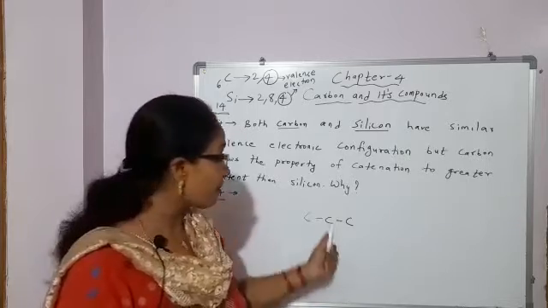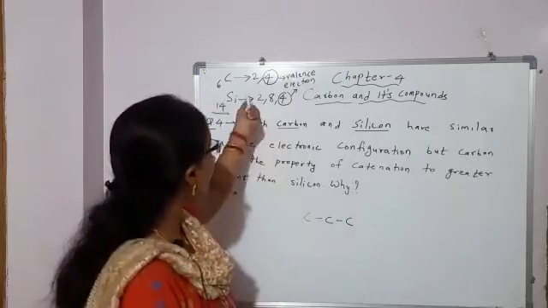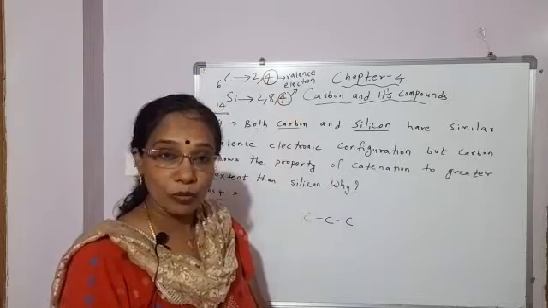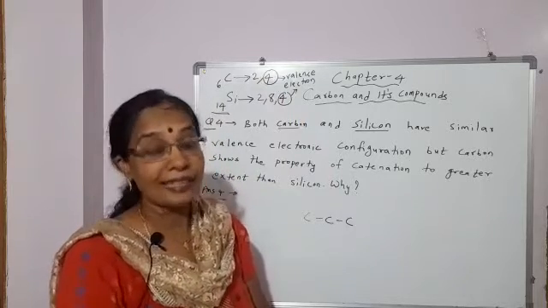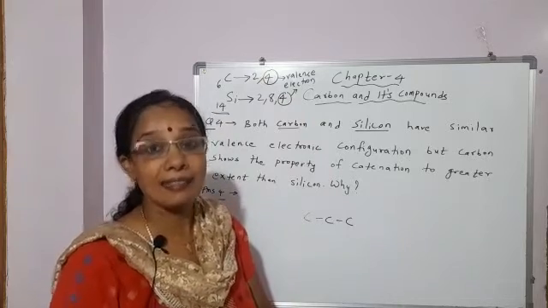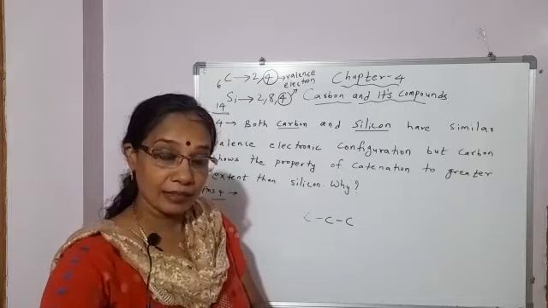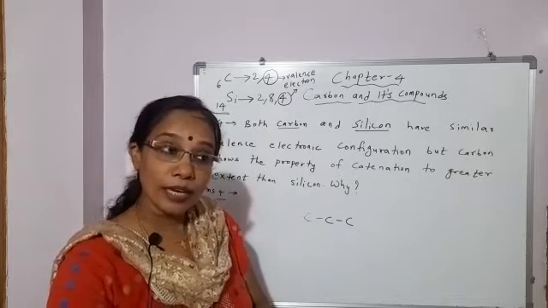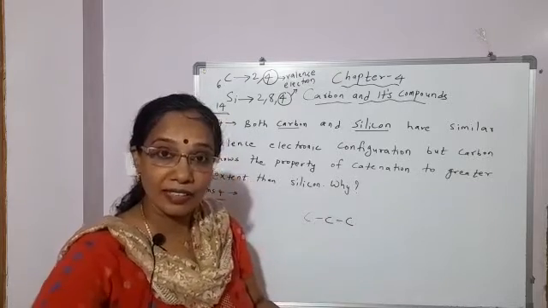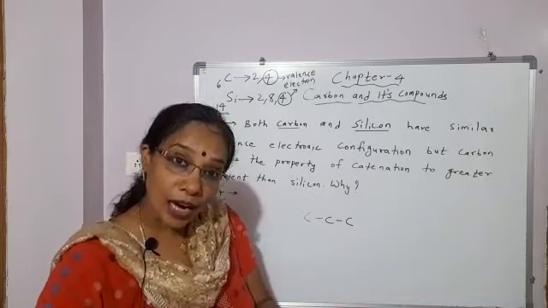So the property of catenation, carbon shows to a larger extent than silicon. Silicon also has 4 electrons in its valence shell, the outermost shell. Silicon also forms compounds with hydrogen, which are called silanes. There, how many silicon atoms can self-link with itself? Around 8 to 9 only. And carbon, how many can self-link with itself and form the compound hydrocarbon? 100.